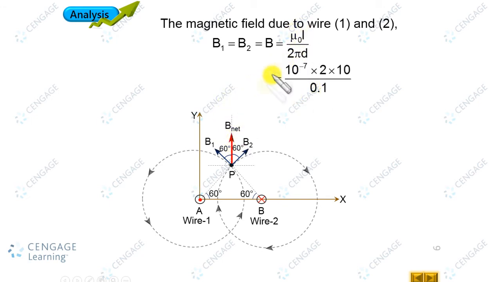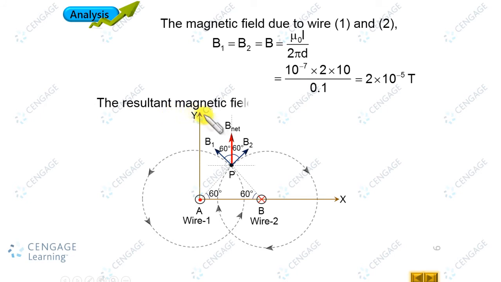And before calculating 2B1 cos 60, let us calculate the magnetic field B1, B2. So mu naught divided by 2 pi, as we discussed, this is equal to 2 into 10 to the power minus 7, and I equal to 10, d equal to 0.1. So this value is 2 into 10 to the power minus 5 Tesla. Now let us return to calculating this value.